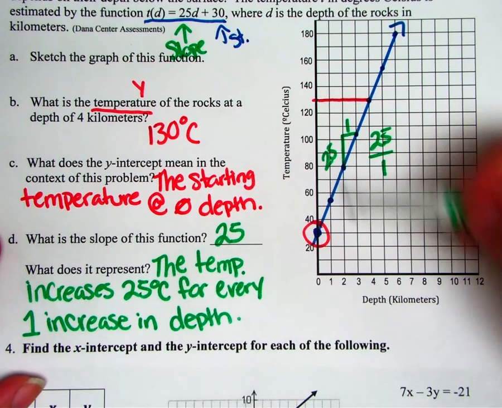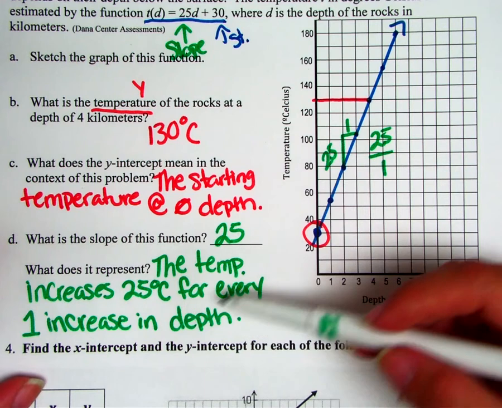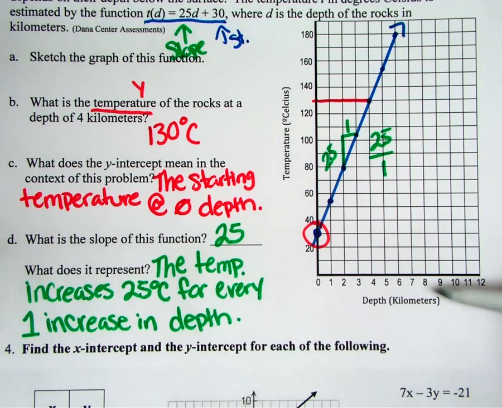Your y over your x. You always want to say what's going on in your y, how much you're increasing or decreasing by, over how much whatever your x is talking about. So that's 3.